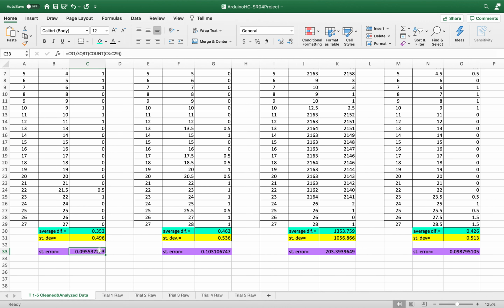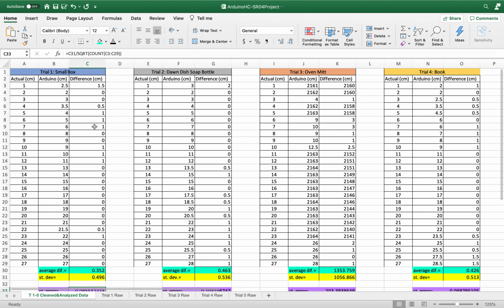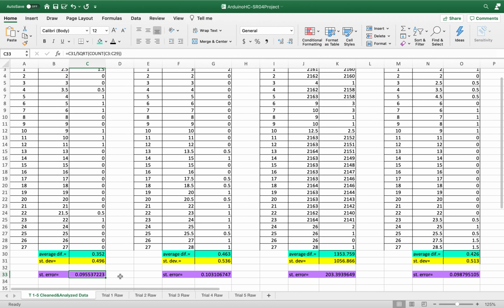Anyway, so then I also decided to do the standard error. We will do the standard error calculation as well, which is essentially just our standard deviation divided by the square root of the number of samples that we have, which in this case was 27 different measurements that we did.